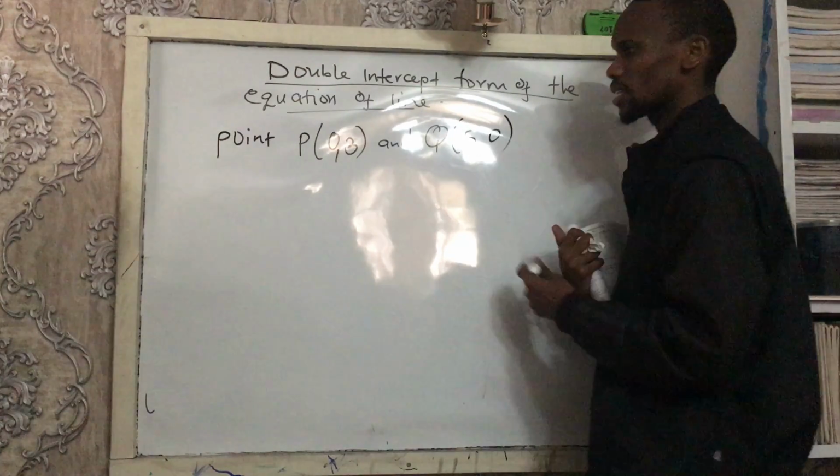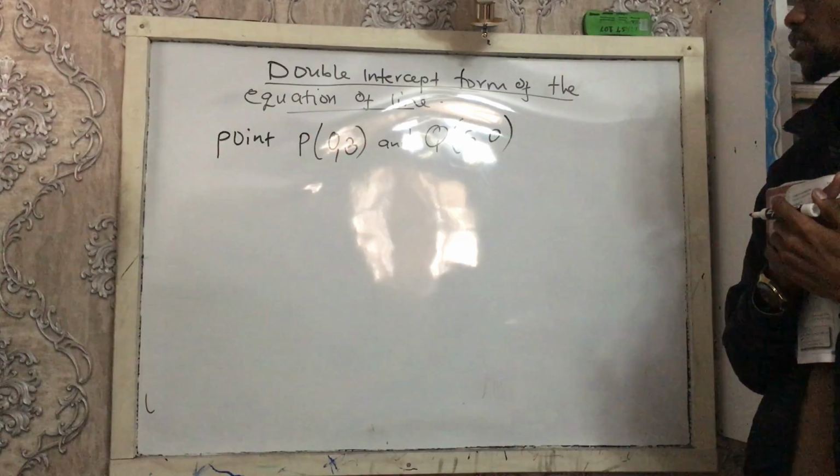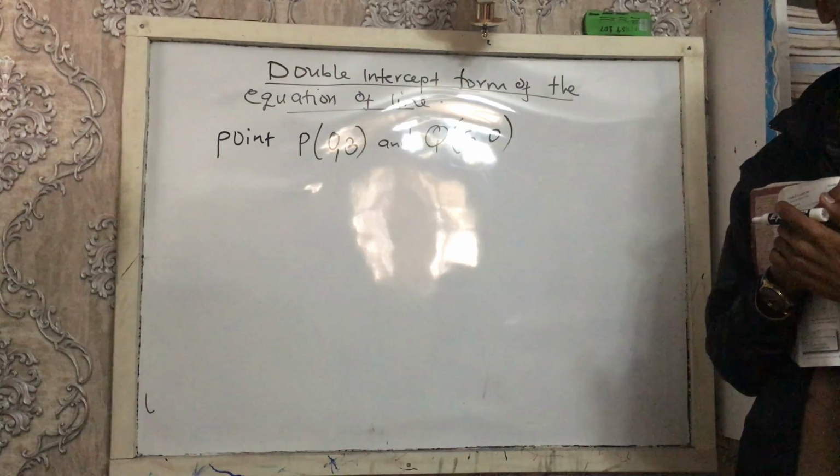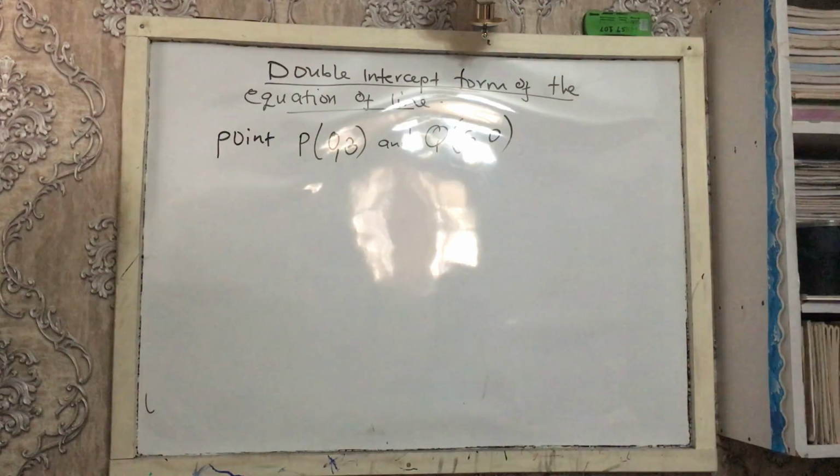So this is a straight line that passes through point P(0, 3) and point Q(5, 0). Now we want to write the equation not in the form of y equals mx plus c, but in the double intercept form.